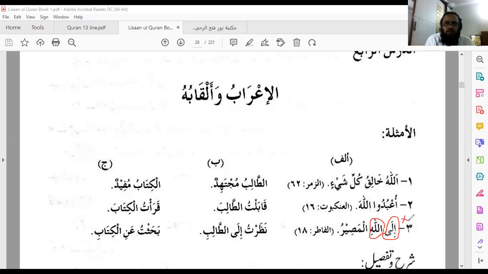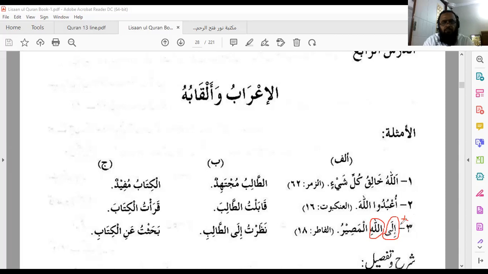In the very beginning you learned that a harf cannot convey its complete meaning without having a connection with a noun or verb. So you can see after the harf there is lafz Allah, ilallahil masir.